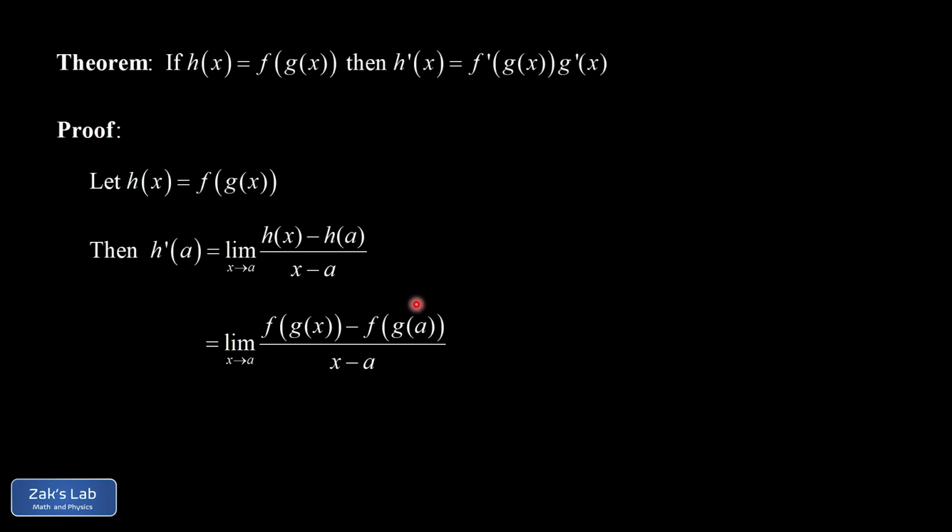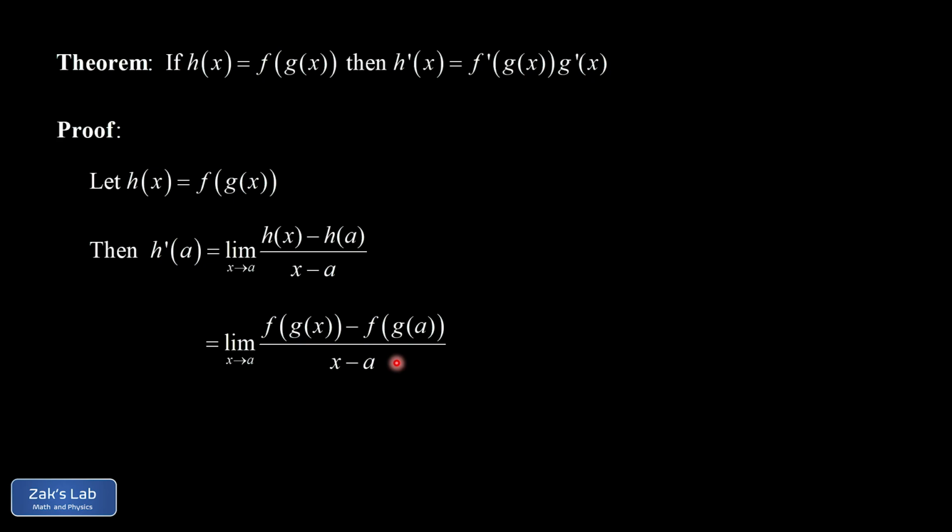And then in my second term, I have f of some fixed value, g of a. Well, if I have f of some variable value minus f of some fixed value, if I were to put that variable value and fixed value in the denominator, it would build a derivative. It would build a derivative of f. So what we're going to do here is put a g of x minus g of a into the denominator so we can recognize a derivative there.